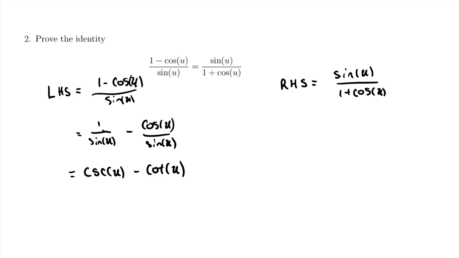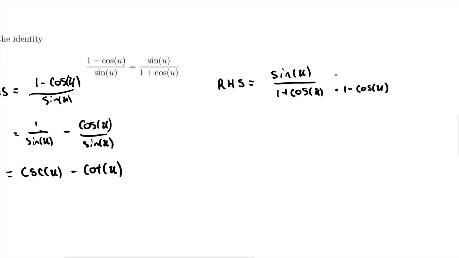This is kind of the same thought as when you were conjugating stuff in the past. This is my motivation, except when I do my 1 minus cosine of u, it's because it will introduce a Pythagorean identity in the denominator. So this is just a little trick here that I happen to know from building up good intuition over time. You'll eventually build these same intuitions.